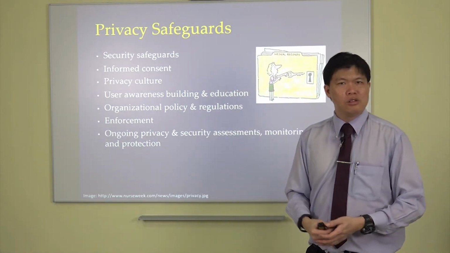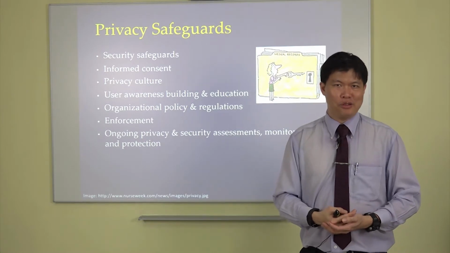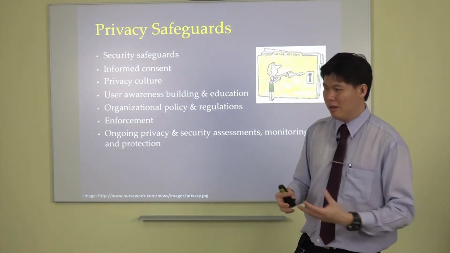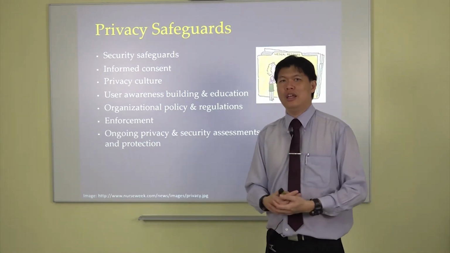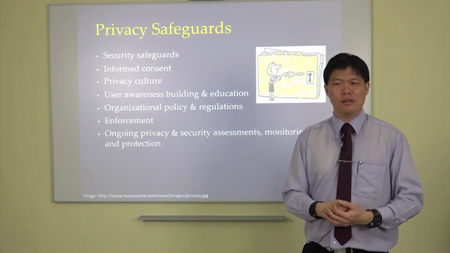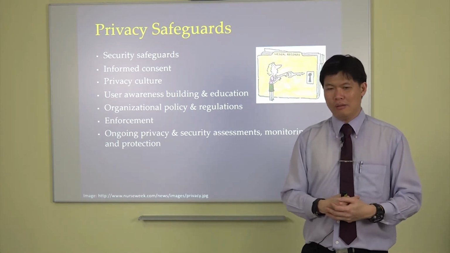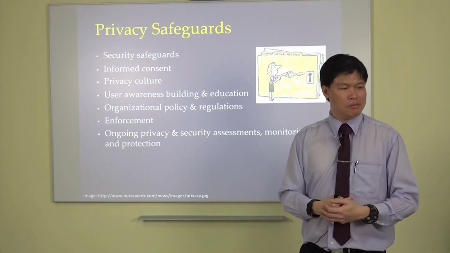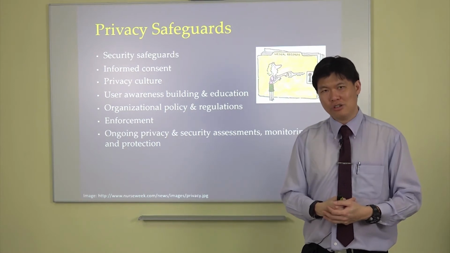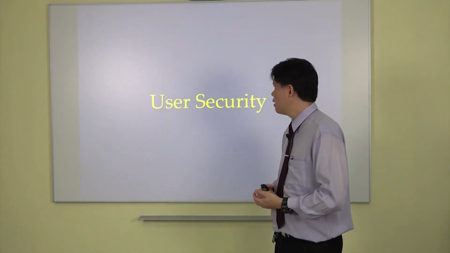So you see, privacy safeguards, most of them are not technical safeguards. Most of them are policy and administrative in nature, whereas security safeguards include not only administrative or management policy-related measures, but also technical measures as well.